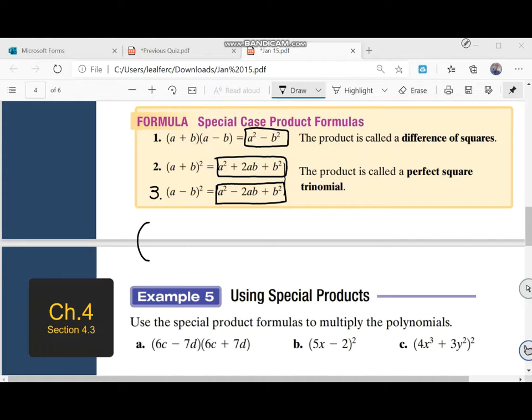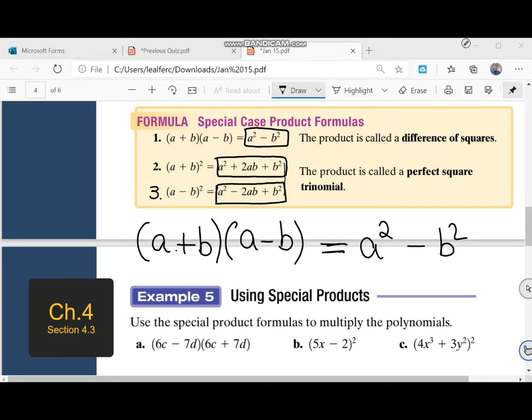Let's check this first one. First case, a plus b times a minus b. Yes, you can apply the FOIL method here: first, outer, inner, last. But when you see something like that, after you work out all the simplifications, the answer always is going to be a squared minus b squared.